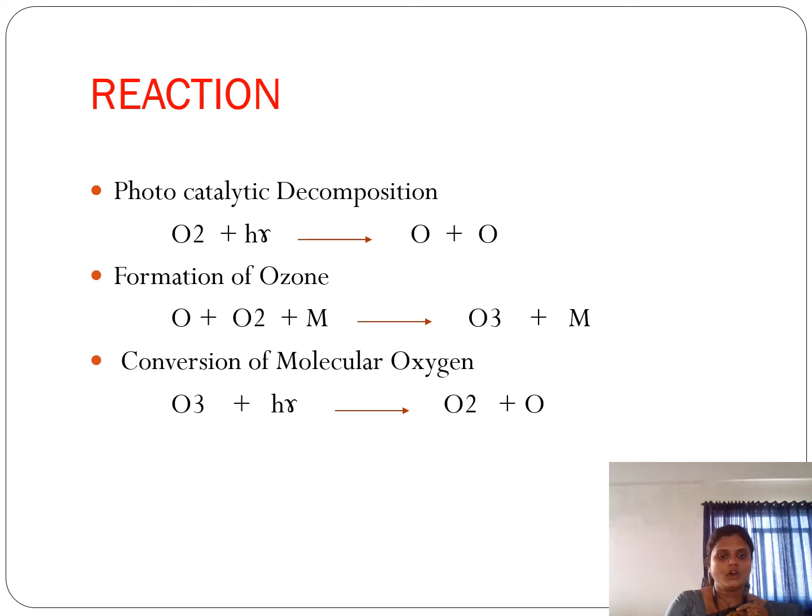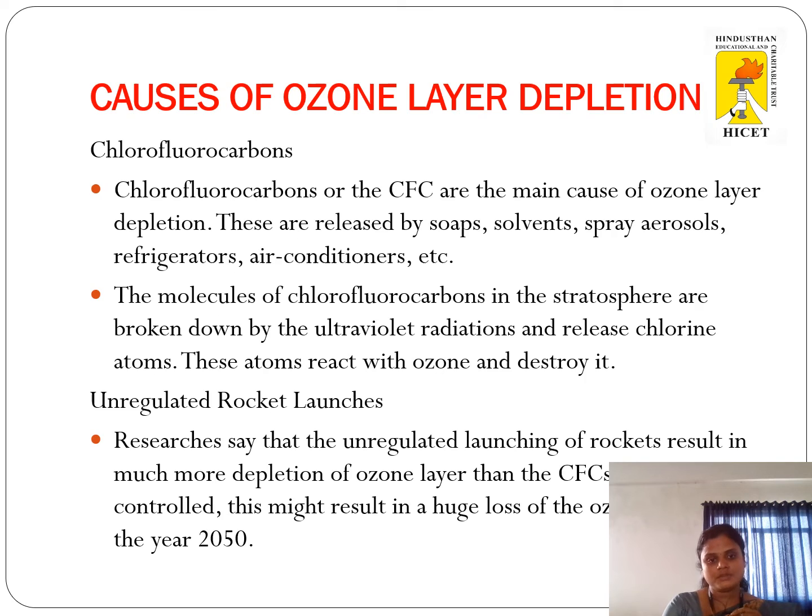Then the formed ozone, when irradiated again with ultraviolet radiation, is converted back into atomic oxygen as well as molecular oxygen. So due to this cycle only, the ozone layer is possible. The conversion of molecular oxygen is the reason for ozone layer depletion.